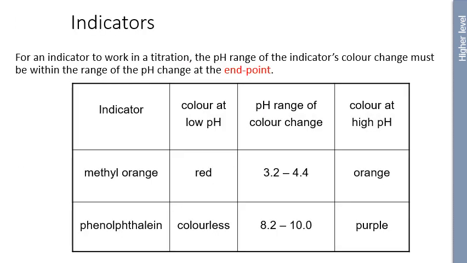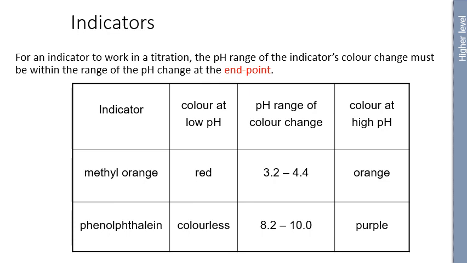So when doing titrations, for the indicator to work, the pH range of the indicator's color change must lie within the pH range of the endpoint. For methyl orange, the color at low pH in acidic conditions is red, and that pH change happens between 3.2 and 4.4, and the color in alkaline solution is orange, whereas phenolphthalein is colorless in acidic conditions.